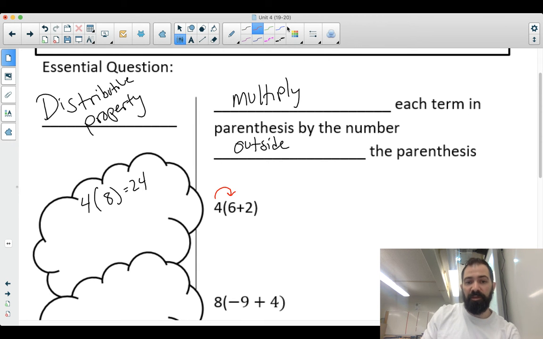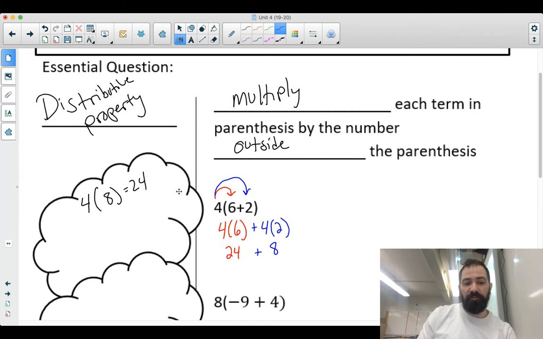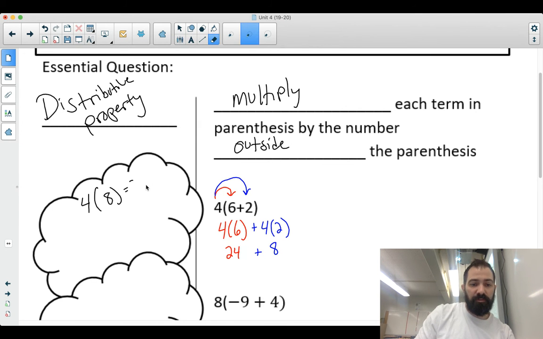We're going to multiply the number outside the parentheses by the numbers inside. 4 times 6 plus 4 times 2. 4 times 6 is 24, 4 times 2 is 8.